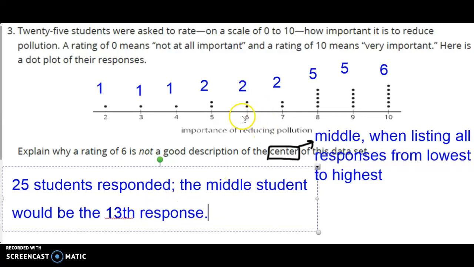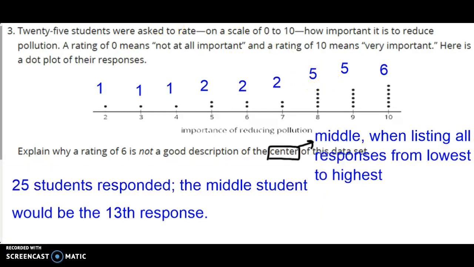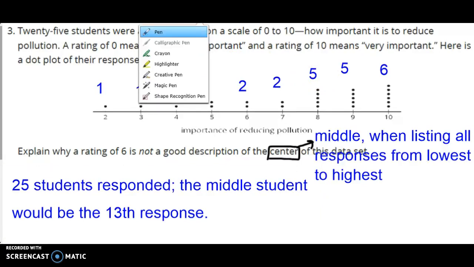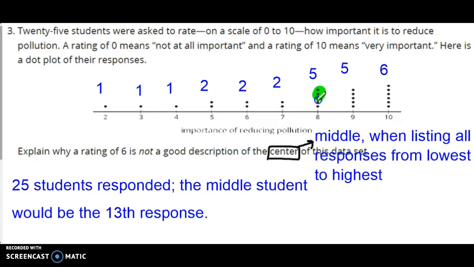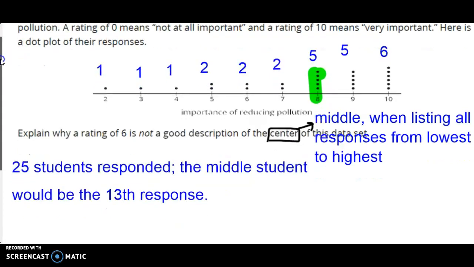So instead of being 6, I want to figure out, well, what's the 13th response? So I can go like this: 1, 2, 3, 4, 5, because 2 people said 5, 6, 7, 8, 9, 10, 11, 12, 13. So actually, the 13th response would be right here in my 8 range.